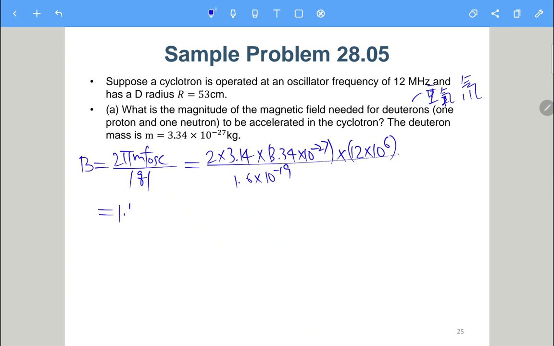So it is 1.57 Tesla. This is the magnitude of the B field.